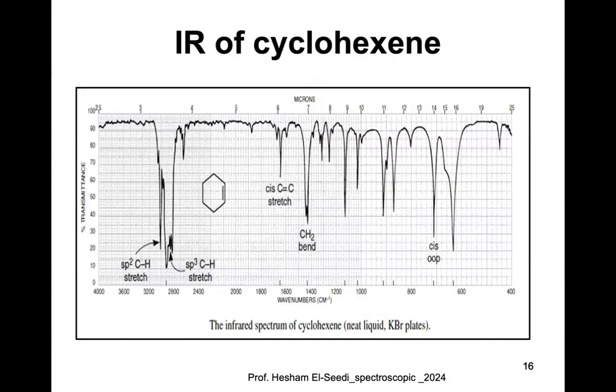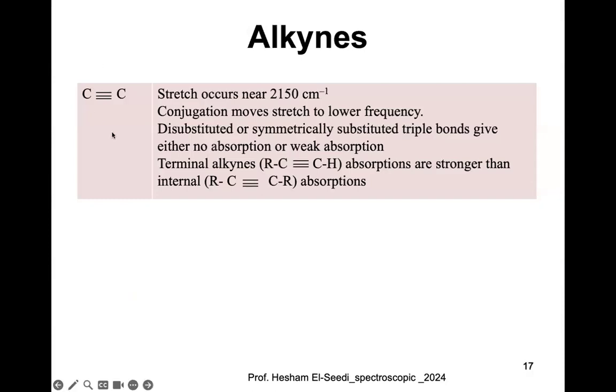By the way, this is the old machine where you prepare the sample by putting it in a potassium bromide plate. But the new machine, you don't need a plate. You can put your sample directly. Then what do you expect about C triple bond C? This is a characteristic peak at 2,150.